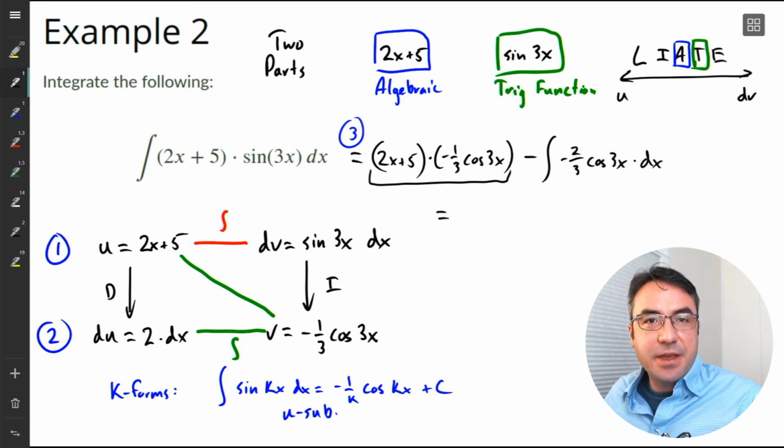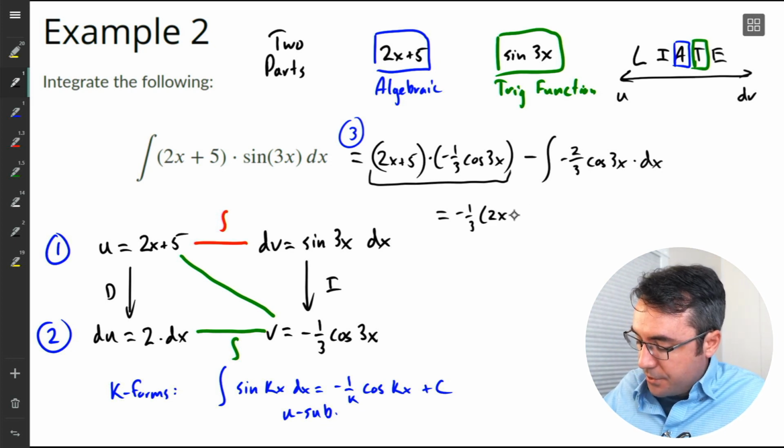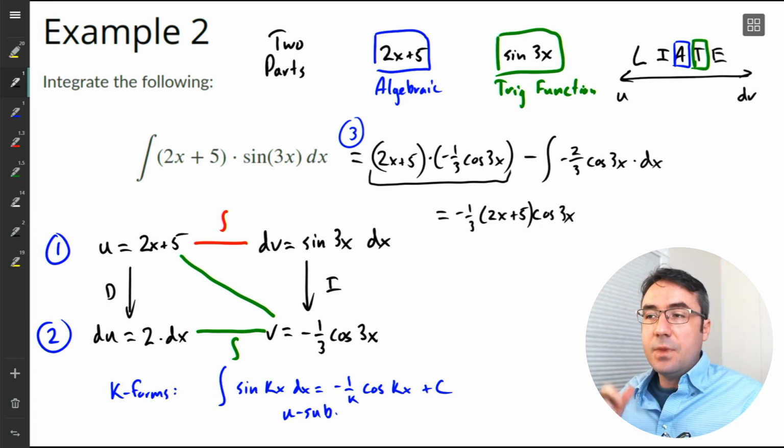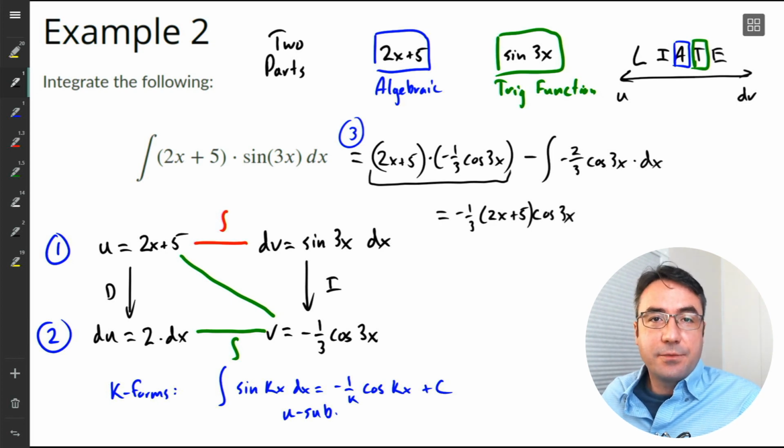So maybe clean things up a little bit. I might put the negative 1/3 in front. So negative 1/3 times 2x plus 5 times cosine of 3x. And then we want to do the antiderivative of that cosine 3x term.